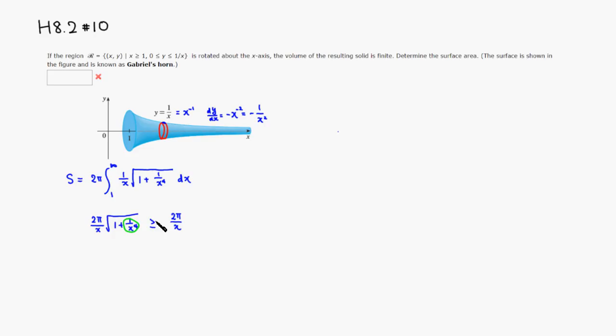So we know that this is a smaller quantity here. Let's evaluate this improper integral from 1 to infinity. You have 2 pi, then 1 over x dx. Since there's an infinity, we have to replace it with t and take a limit as t approaches infinity.